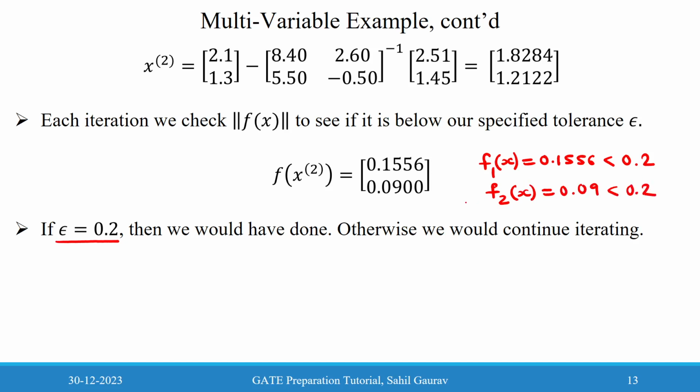So this is the final solution, that is x1 is equal to 1.8284 and x2 is equal to 1.2122, because on putting these values we are getting f1(x) as 0.1556 and f2(x) as 0.009, and both are below the tolerance limit.